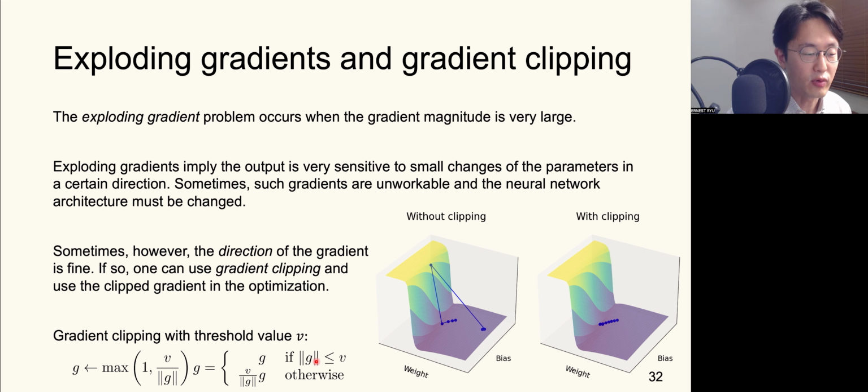Now, if the magnitude of the gradient is smaller than the pre-specified threshold, then we don't have exploding gradients, so we will just use the gradient as is. But if the magnitude of the gradient exceeds this threshold, then we keep the gradient direction, but we shrink the gradient magnitude to be equal to this threshold v. So that's what we mean by clipping the magnitude. So we are keeping the gradient direction, but we are clipping the gradient magnitude.